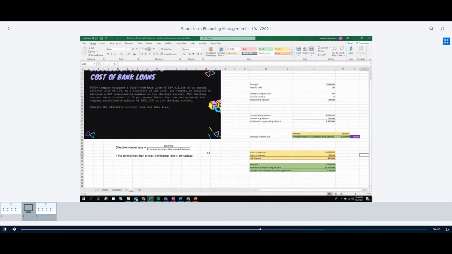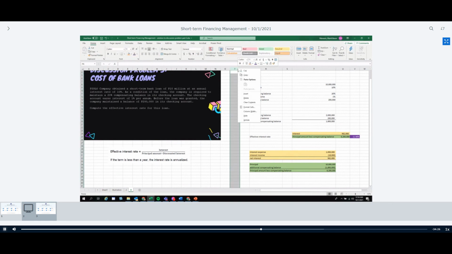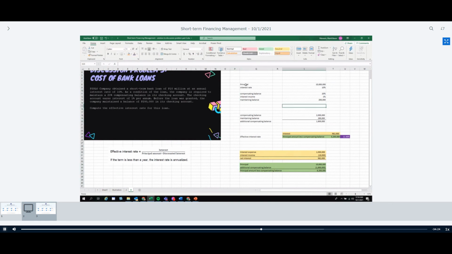So, in problem number 3, ito yung formula natin. Lagay ko lang din dyan para at least pwede natin, we can always refer back. No? Okay. So, we have the principal. Principal is 10 million. That's given. Interest rate of 10%, again given. Compensating balance, 20% given.